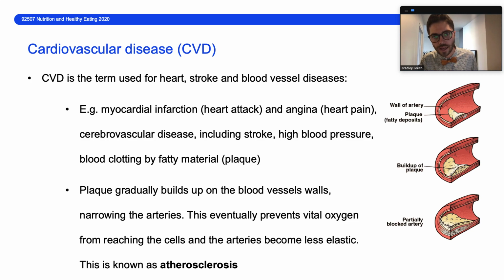This yellow right here, this is plaque. Now, what happens when plaque builds up? It can cause a narrowing of our blood vessels. And when there's a narrowing of our blood vessels, our heart pumps harder and our blood pressure will go up. This is referred to as atherosclerosis. A bit of a tongue twister there. And we'll discuss this in more depth soon.